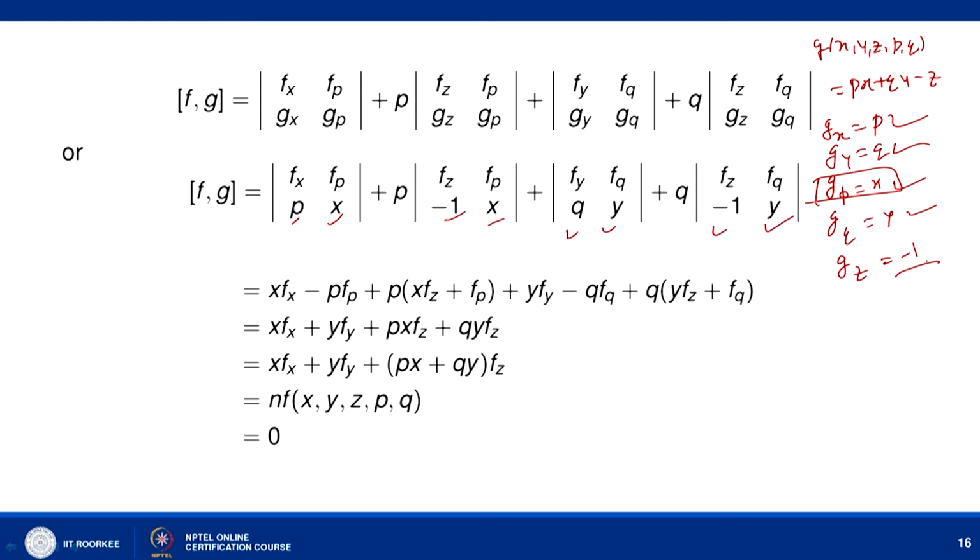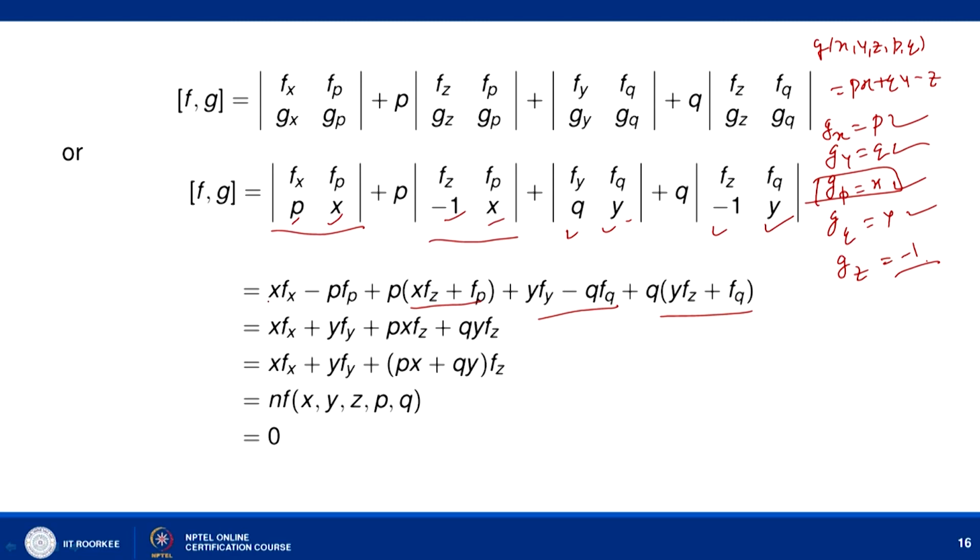So now let us simplify this. It is x fx minus p fp, we have simplified this, plus p times (x fz plus fp), plus y fy minus q fq plus q times (y fz plus fq). So we have simply written it down.